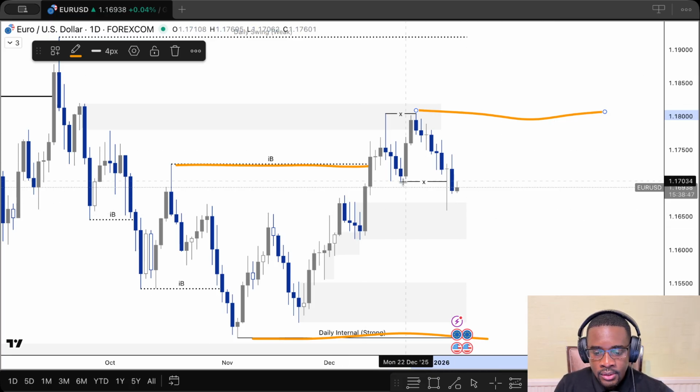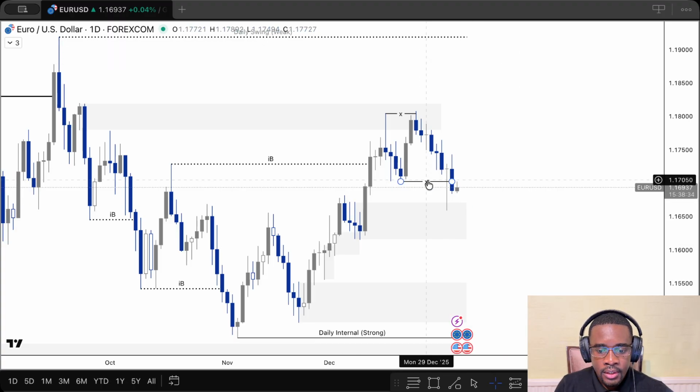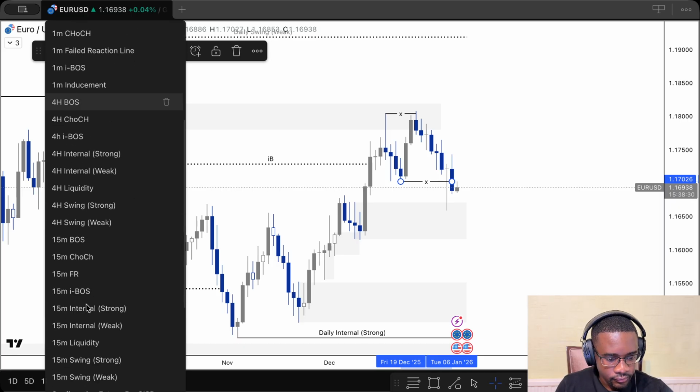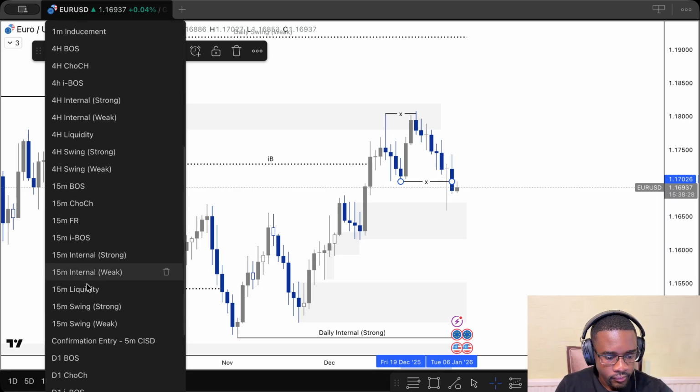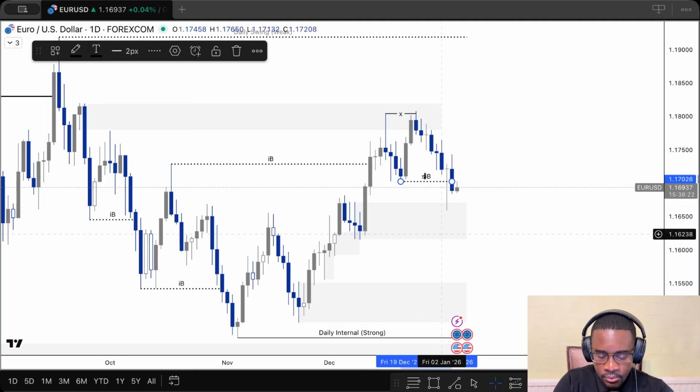what this means is this is no longer a sweep, because we've now closed below. This is now a fractal structure break, internal of the internal, which I'll call sub.